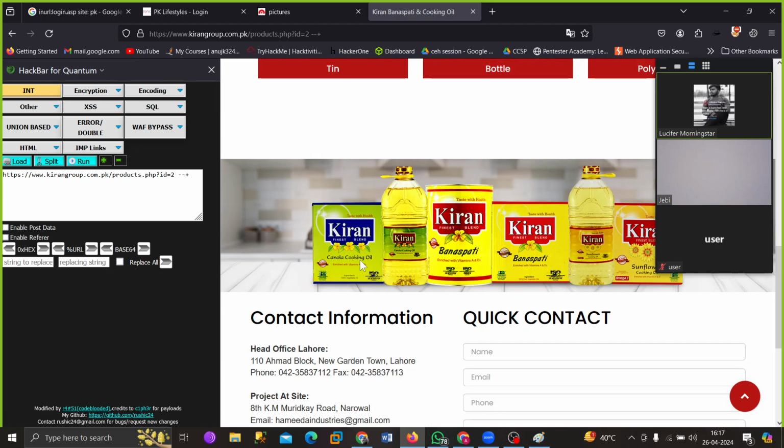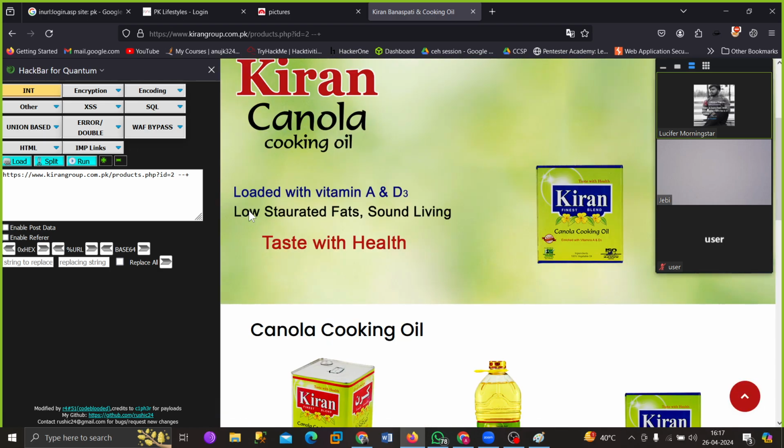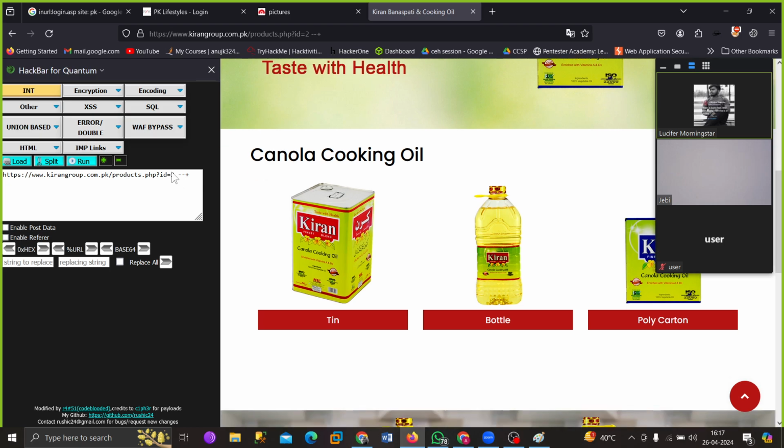If you look at this, is it getting changed or not? I need to check it again. Is it the same page or different? Same one.